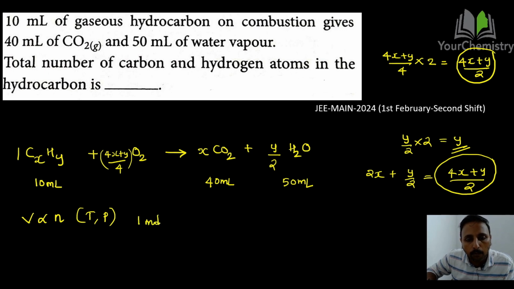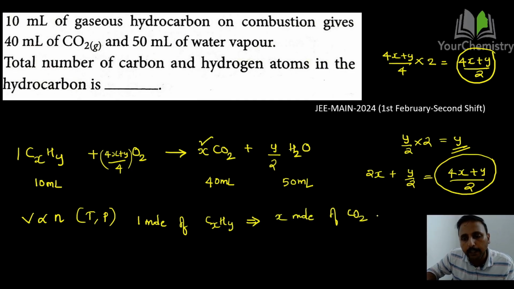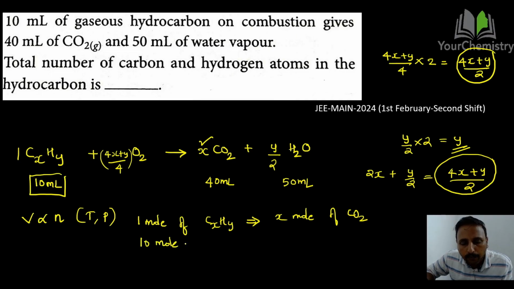1 mole of CxHy is giving how many moles of carbon dioxide? You can see very clearly, x mole of carbon dioxide it is giving. Any doubt? No. Now, since volume is proportional to number of moles, I am going to take this as 10. So 10 mole of CxHy must also give you how many moles?